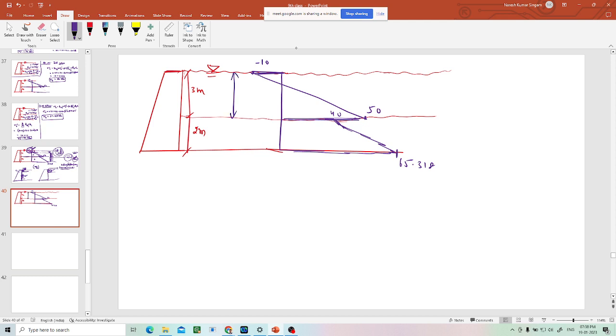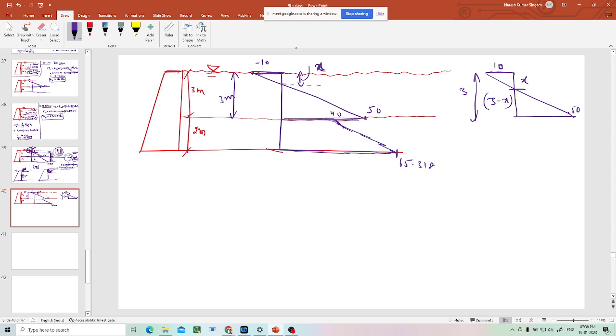Can somebody tell me what is the concept to find this? Let us say this is x. Roughly, on this side it is 10, this side it is 50. Now this is x and this is 3. So what is this? 3 minus x from here.